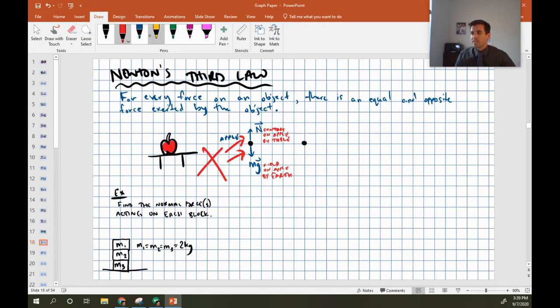Now let's talk about the table. We'll say the table's a little bit heavier than the apple is. So there's mg there. The table also has, okay, so that's mg. We'll do all the red stuff. It's a field force on the table by the earth. The table's also being pushed downwards by the apple.